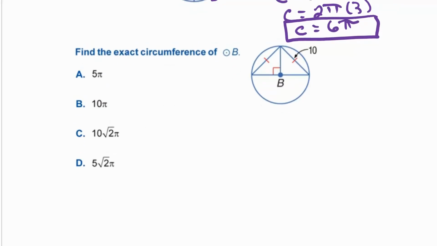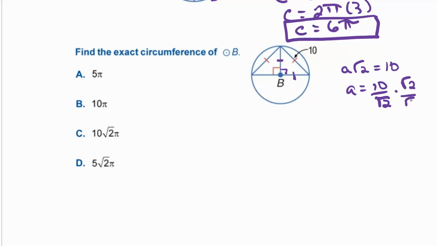Once again, we need to find the radius on this one. We know that the hypotenuse of this triangle is 10. We know that this leg and this leg are equal to each other, so it's a 45, 45, 90. So A root 2 would equal 10. So A equals 10 divided by root 2.